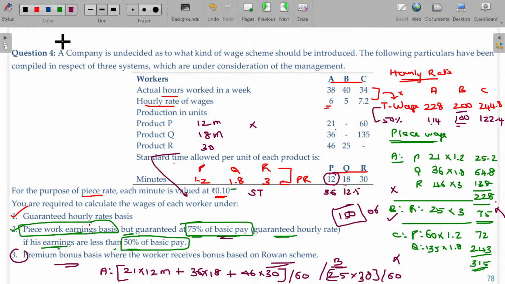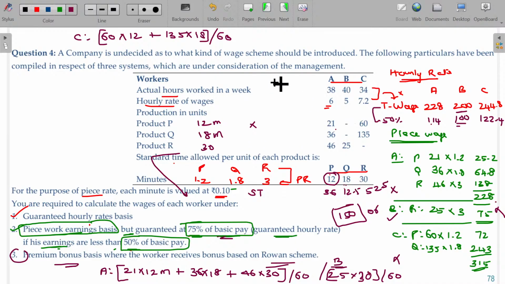And for C, 60 into 12 minutes, 135 into 18 minutes. Divide by 60. What's the ultimate value you are getting? 52.5.